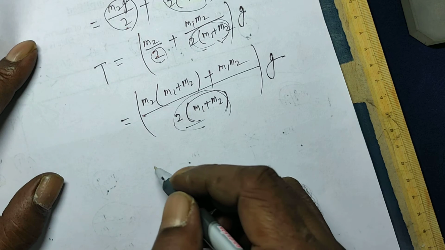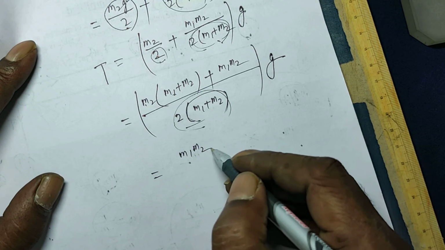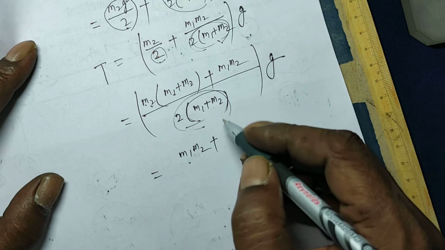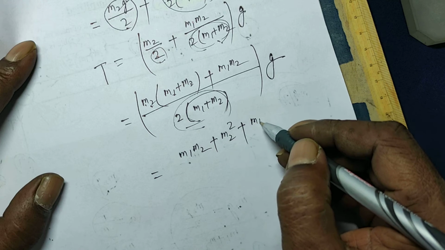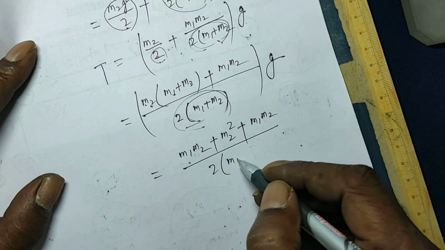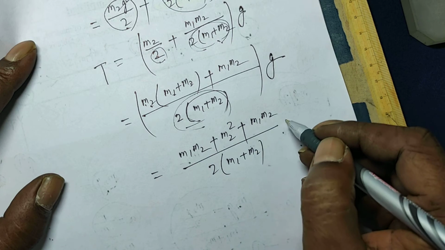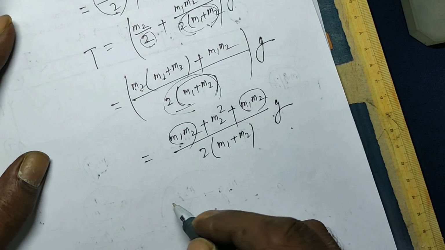So let us see, what do we get? M1 M2 plus M2 into M2, that is M2 square, plus M1 M2, over 2 times M1 plus M2 whole into G. Here is M1 M2, here is M1 M2.